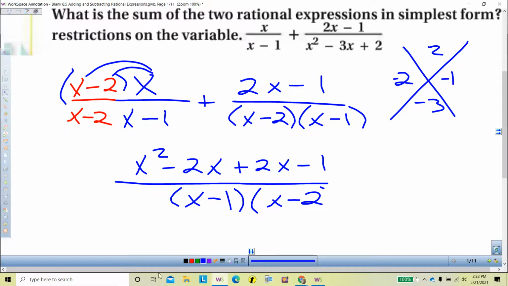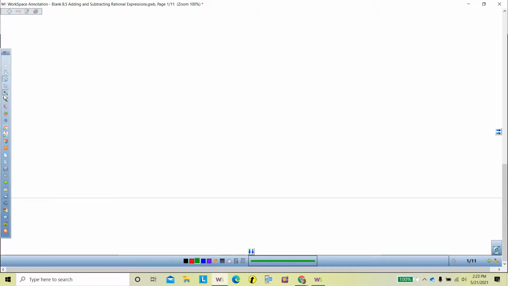Yes, we want to combine, but I'm just going to show you. This thing went right here in the beginning, and then this one just goes right here at the end. Just helps you to know where stuff came from. And then yes, we're going to cancel the negative 2x and positive 2x.